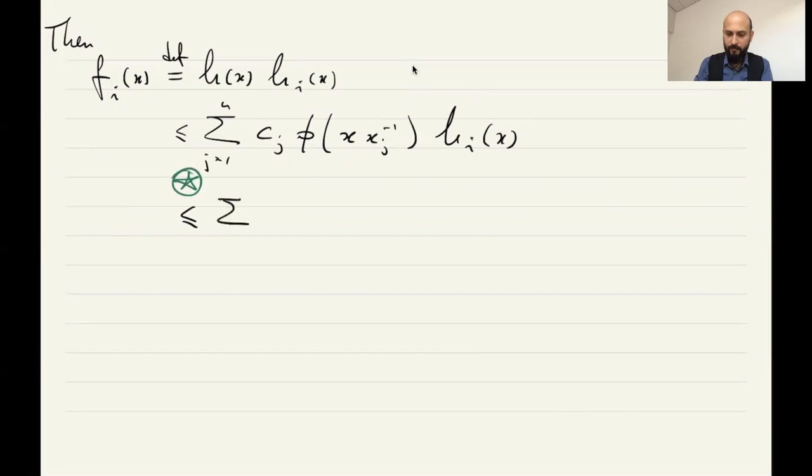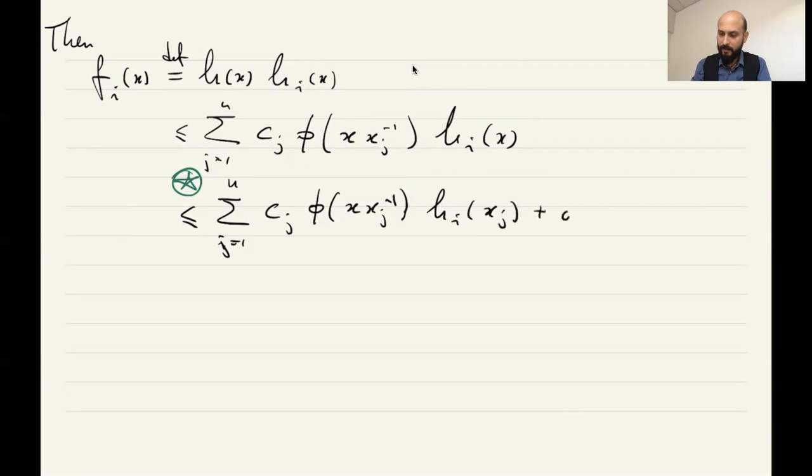So this is the sum over j from 1 to n of Cj phi(x xj^-1). Now instead of hi(x), I put hi(xj) plus delta. And of course I can write this as the sum of Cj phi(x xj^-1). No, I'll put that at the end.